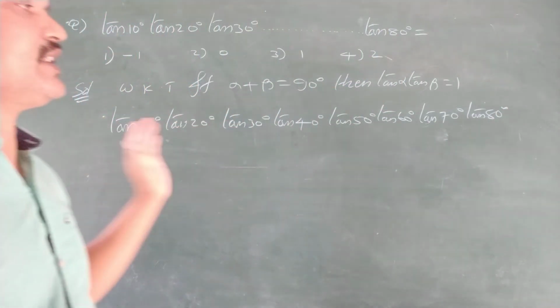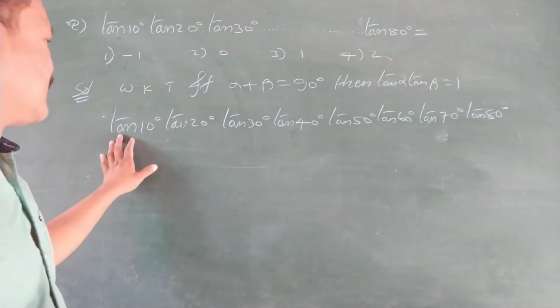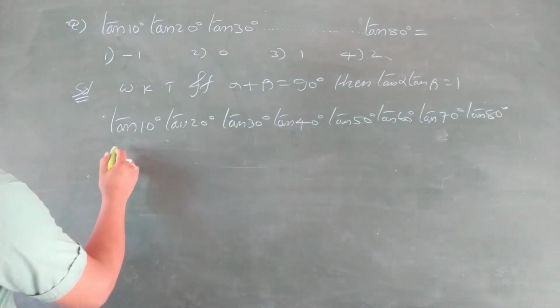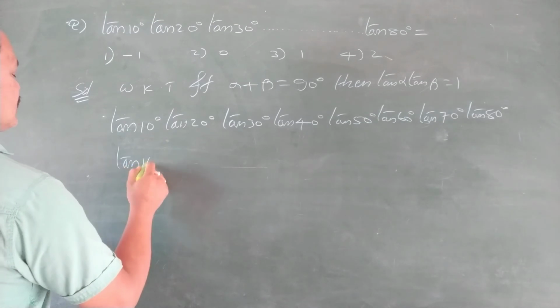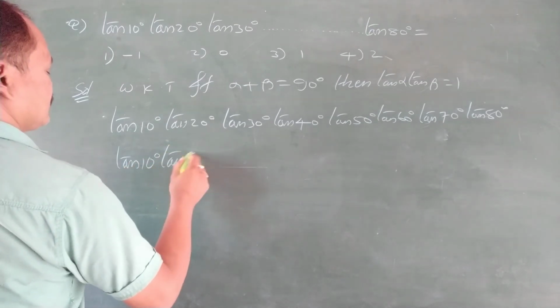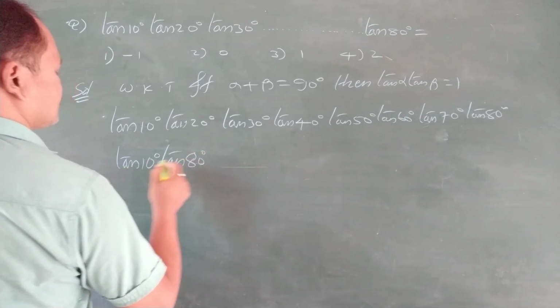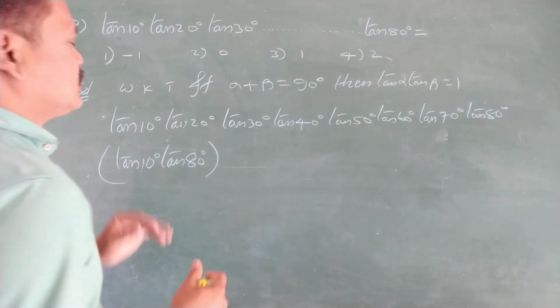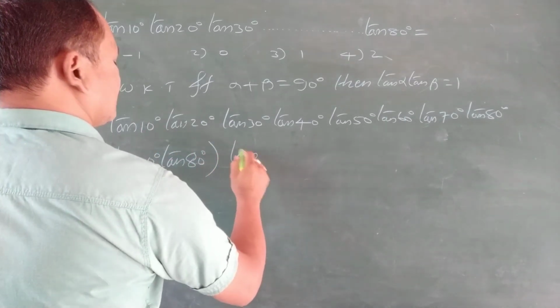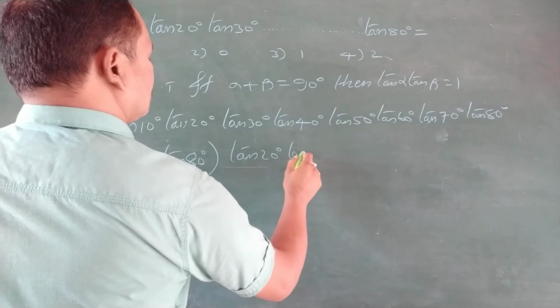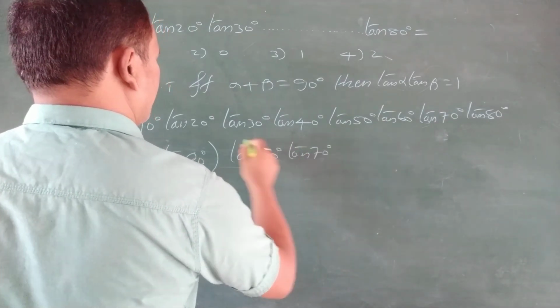Now we can arrange tan 10 into tan 80 in one bracket, since the sum of the angles is 90. Again tan 20 into tan 70 in one bracket.